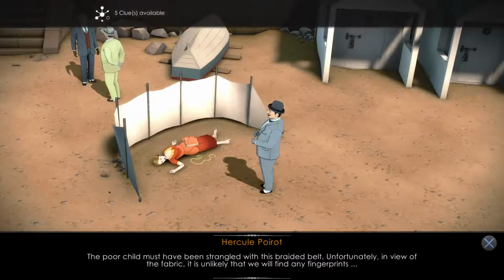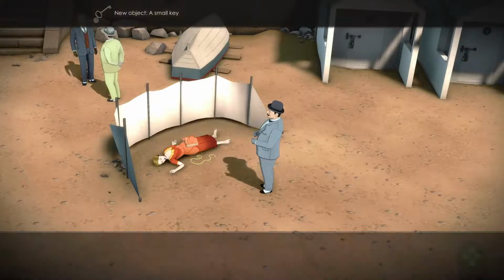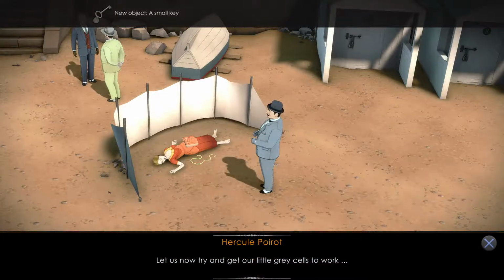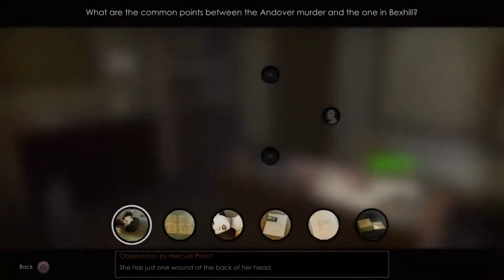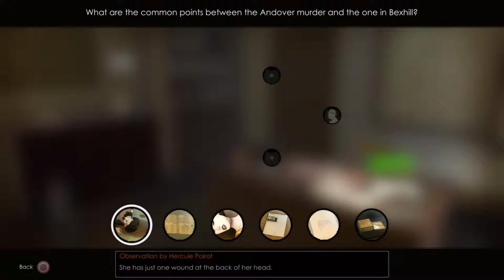Unfortunately, in view of the fabric, it is unlikely that we will find any prints. Let us now try and get our brain cells to work. What are the common points between the Andover murder and the one in Bexhill?